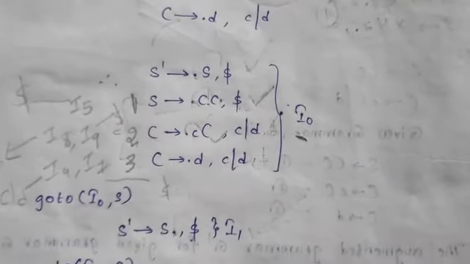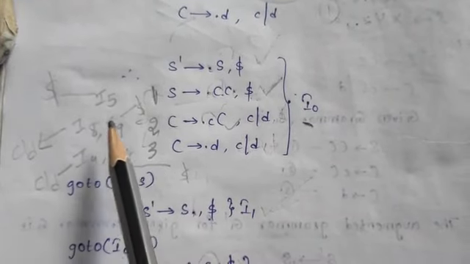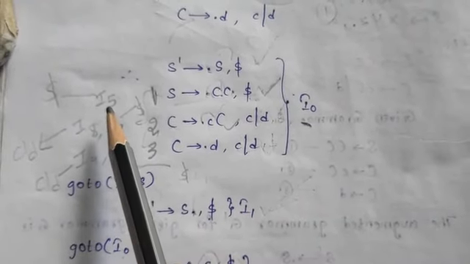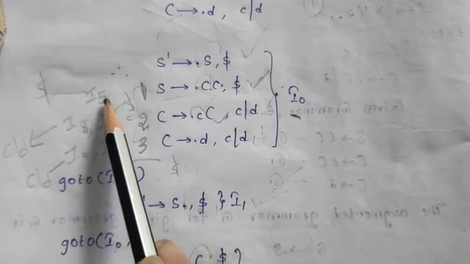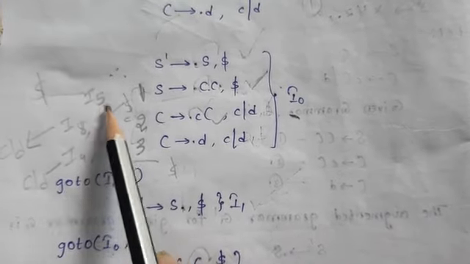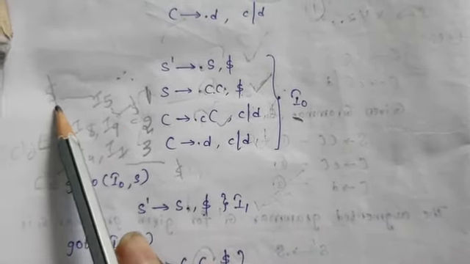In the fifth state we need to place R1 in dollar.